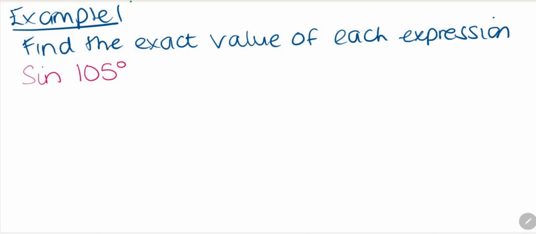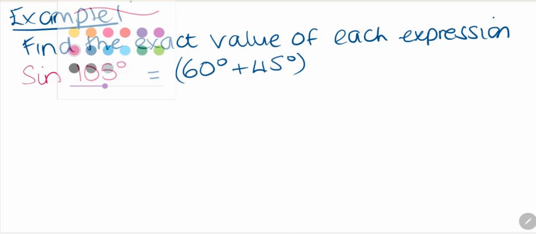So what we need to do is find two angles that will either add or subtract to make 105. If we think of our special angles, if we can use those, that would be easier. So sine of 105, we can use 60 and 45 degrees.